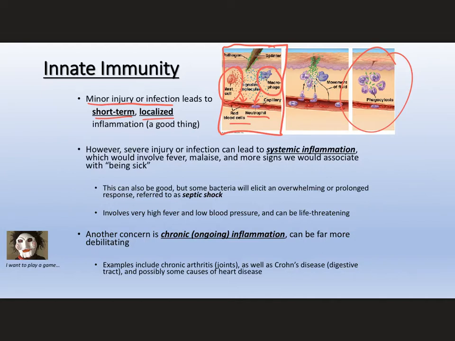The problem is that a serious injury or a serious infection can lead to systemic inflammation. Again, at the surface, this is not the worst thing in the world. This leads to signs that indicate that you're sick, but if it goes on too long or if it's too strong of a reaction, we call it sepsis, and that can be life-threatening.